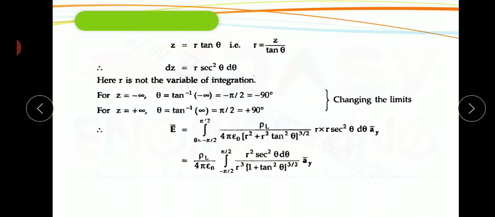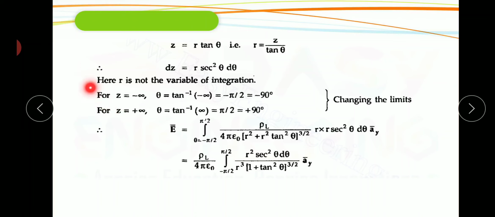Here r is not the variable of integration. In this equation, when z is equal to minus infinity, theta becomes tan inverse of minus infinity. Tan inverse of minus infinity is minus pi by 2, that means minus 90 degrees.